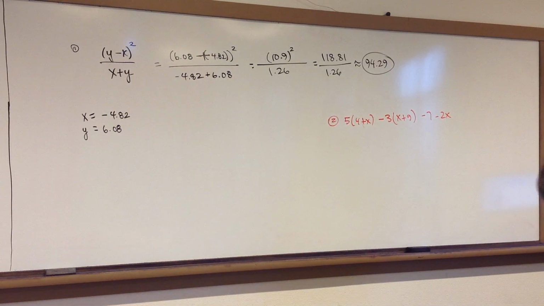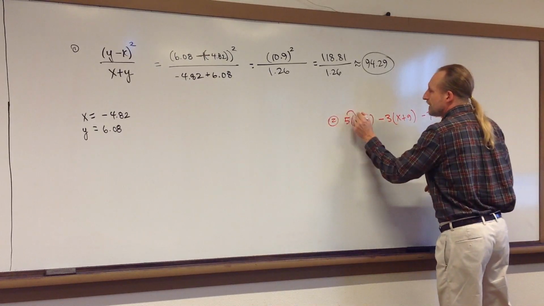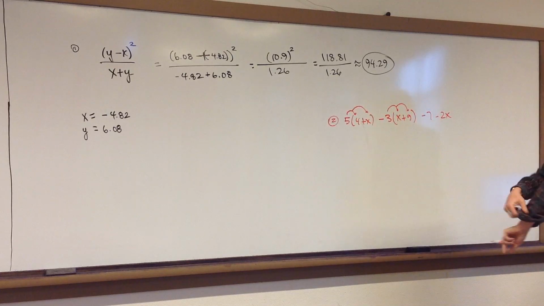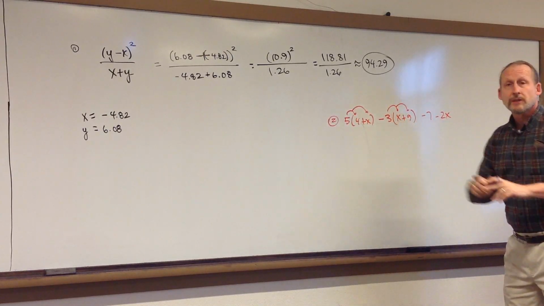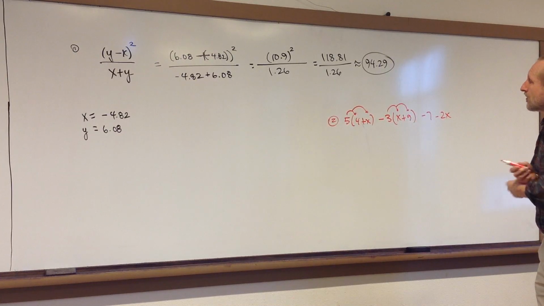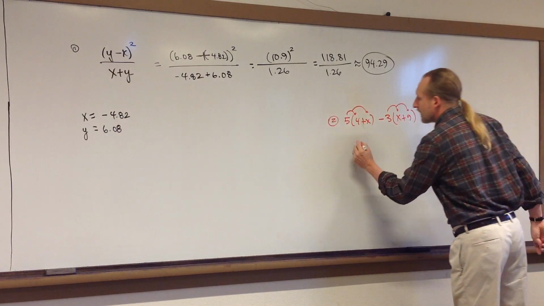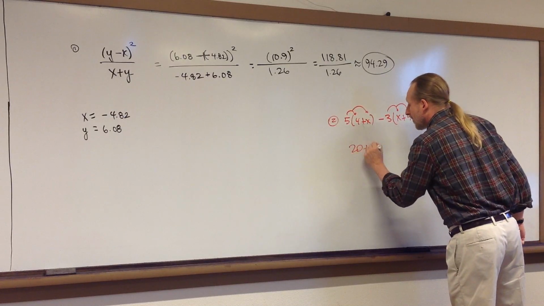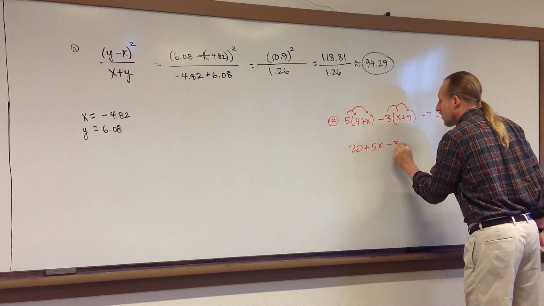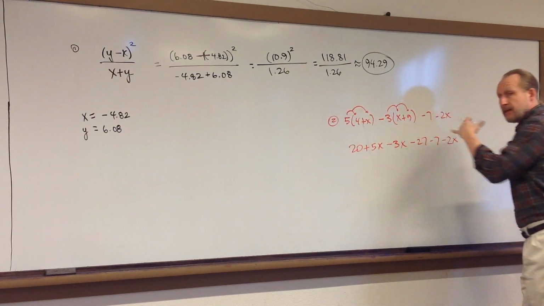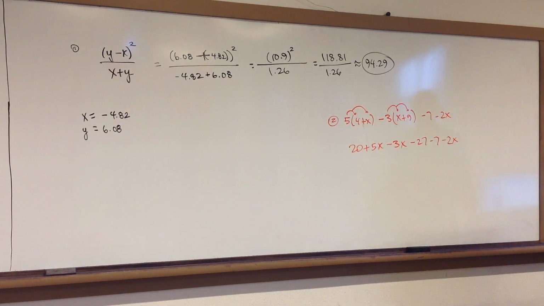So what we need to do first is to distribute these two, the 5 and the minus 3, into the parentheses, and then once we get done with that, then we can look to combine like terms. So in the first set of parentheses here, we'll get 20 plus 5x minus 3x minus 27, and then that minus 7 and minus 2x on the end.